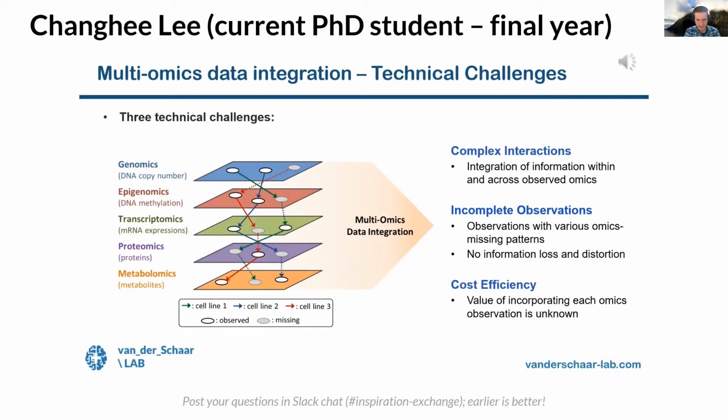These incomplete observations need to be flexibly integrated without discarding either samples or omic layers, and without distorting the data distribution due to imputation. Third, the additive value of incorporating each omics layer needs to be quantified for cost-efficient predictions.